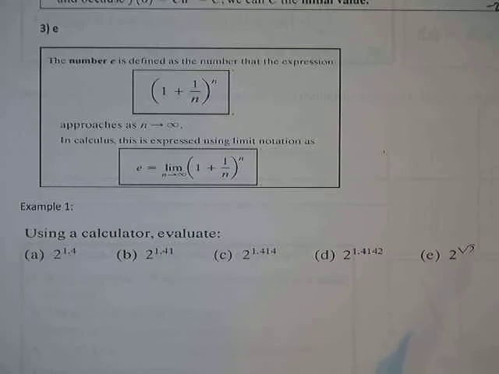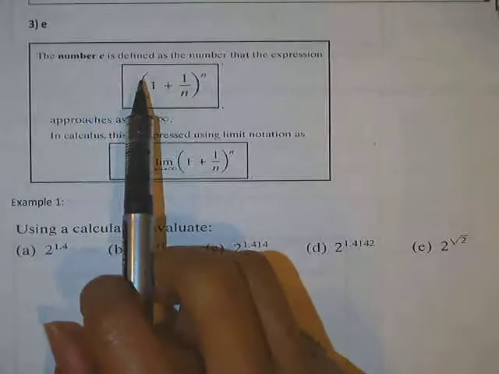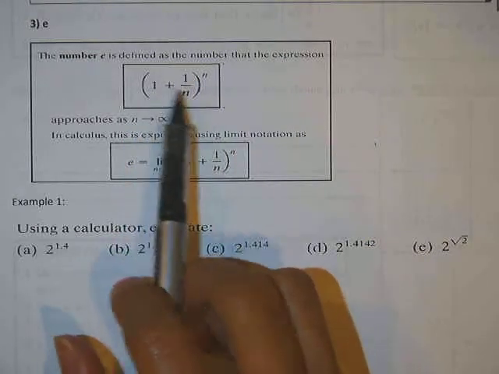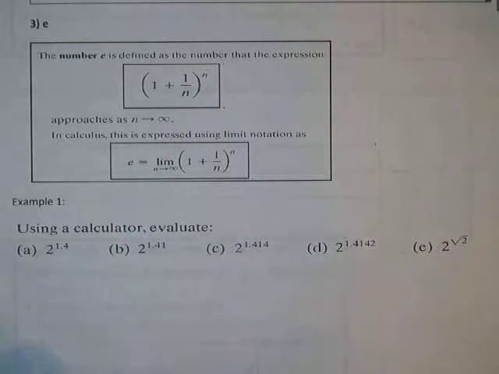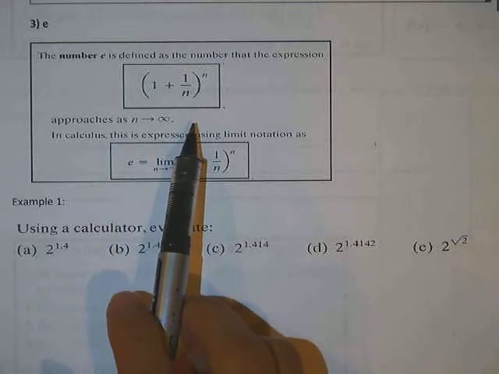Alright, e, an awesome looking number, right? The number e is defined by the expression 1 plus 1 over n to the nth power as n approaches a really large number, infinity.